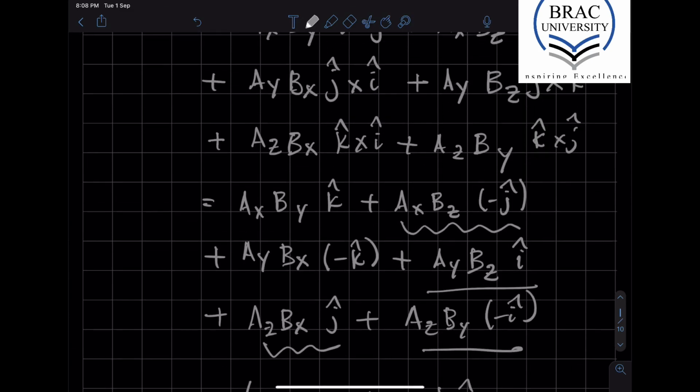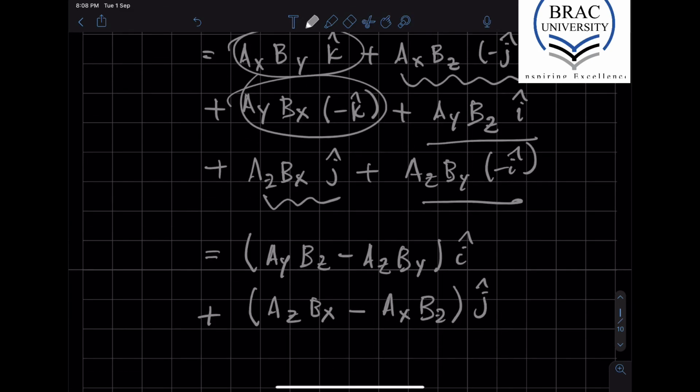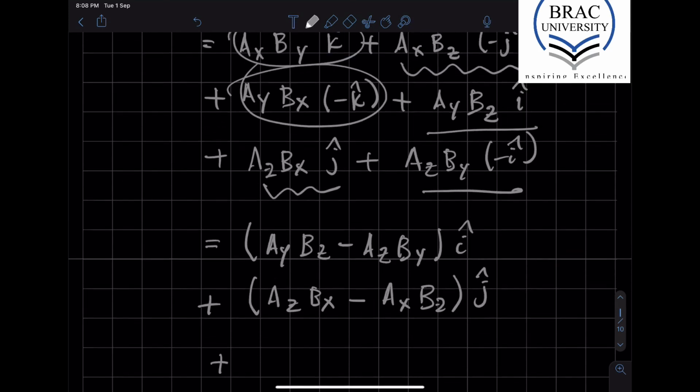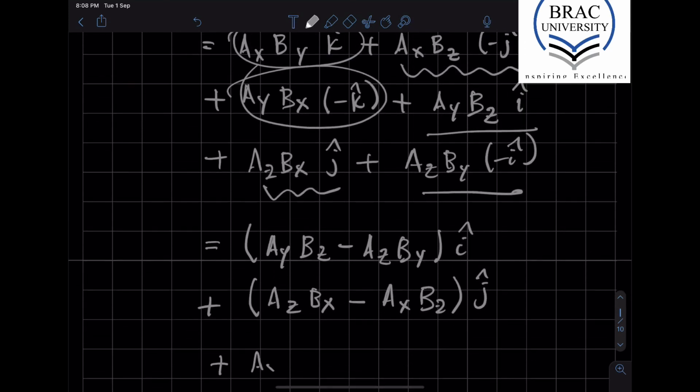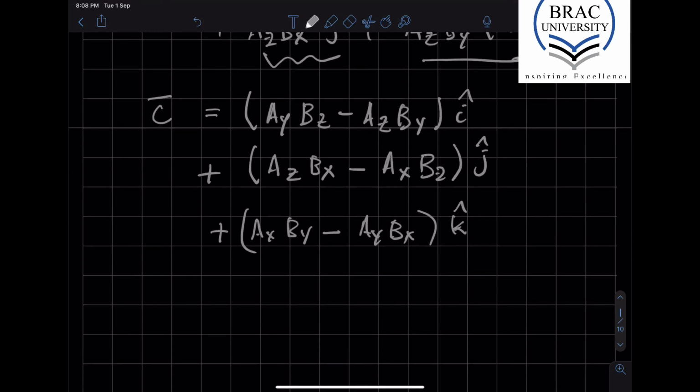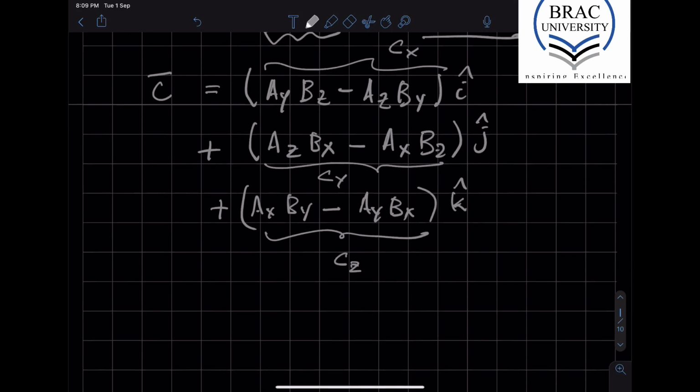The last term is the k terms: (A_x B_y minus A_y B_x) times k. So this will be C. This thing is C_x, this thing is C_y, and this thing is C_z.